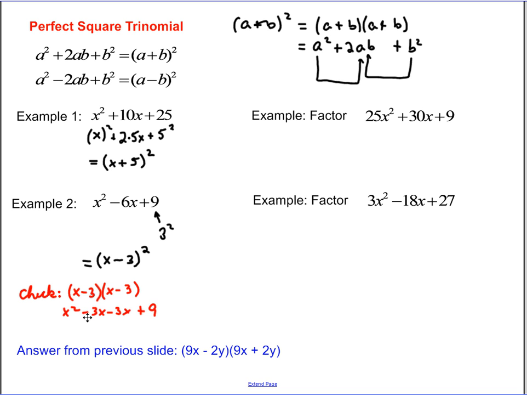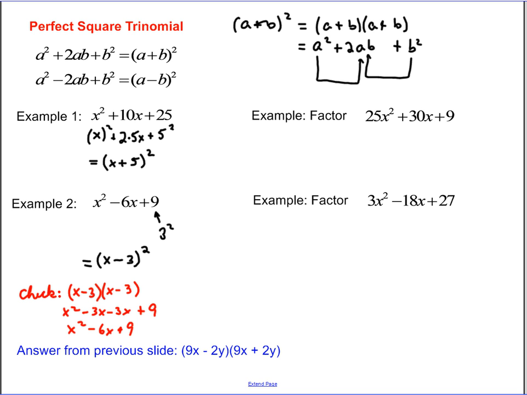And since there are two negative 3x's, we multiply that by 2, and we get x squared minus 6x plus 9 as the unfactored form of this in our check. So x minus 3 squared.